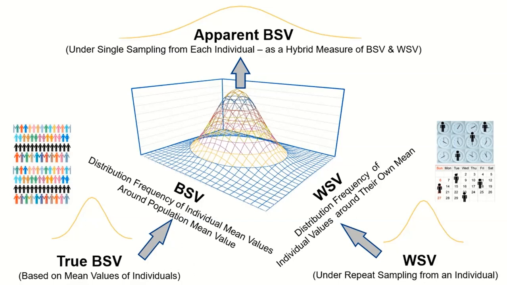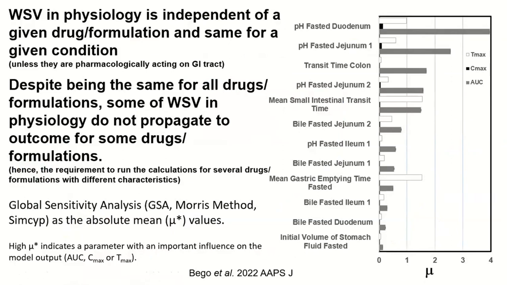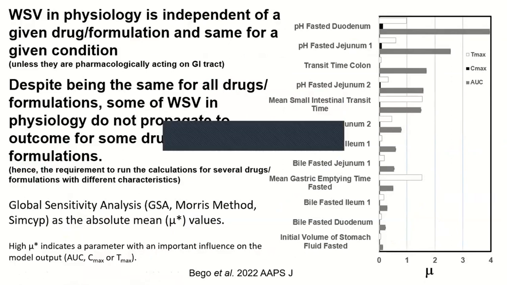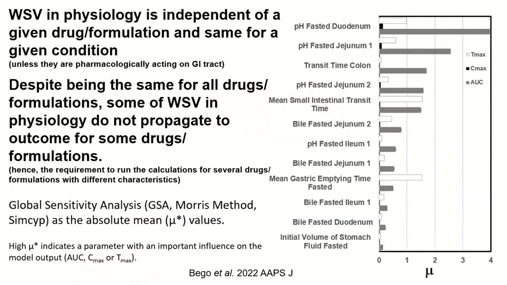But doing this work, progressing it, and incorporating it into a system analysis, a model master file, requires doing analysis for different sets of drugs and formulations, something that we haven't done yet. We have talked about it, but we haven't done it.